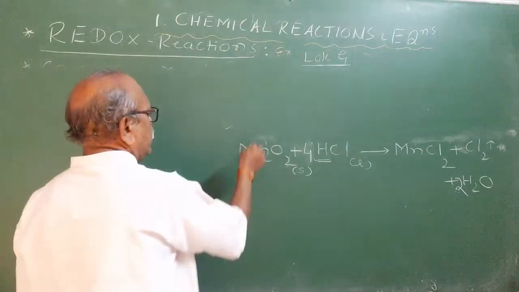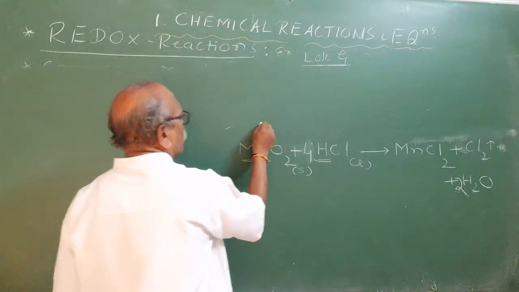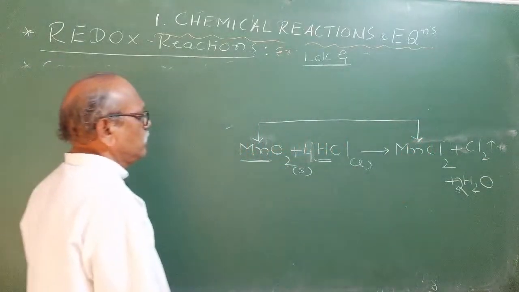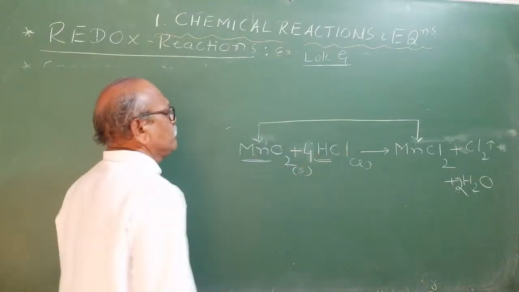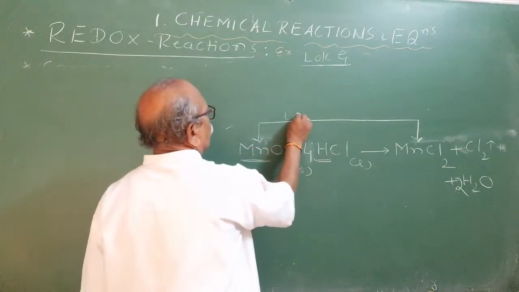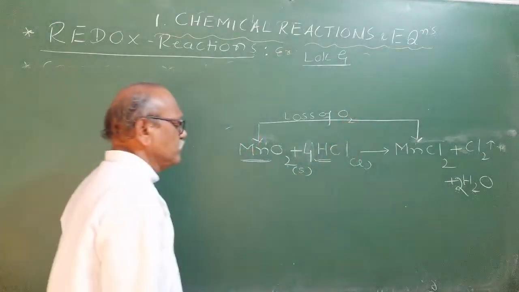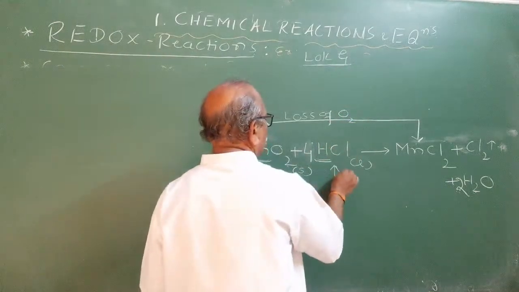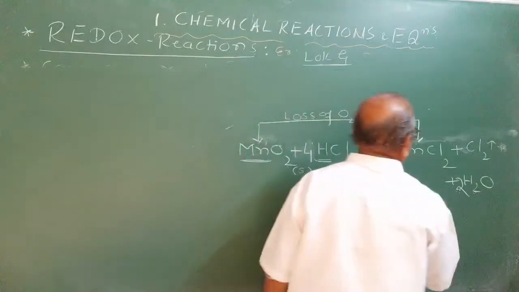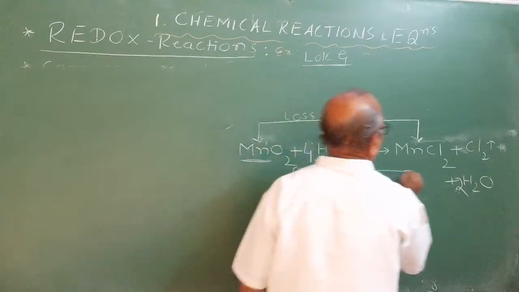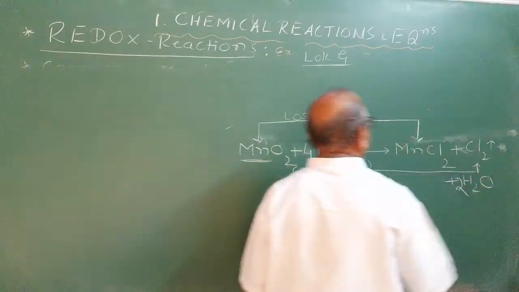Now you can observe that manganese dioxide is converted into manganese chloride. Here there is loss of oxygen. And hydrogen chloride is converted to what? Chlorine. What happened here?